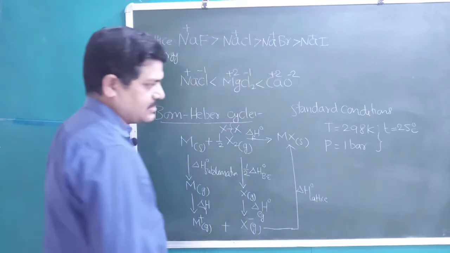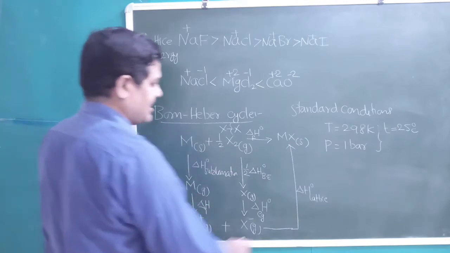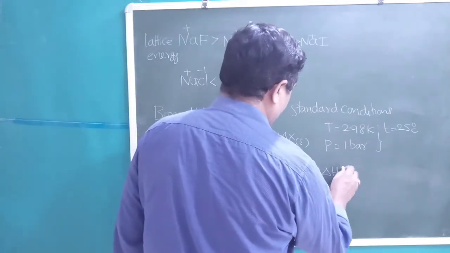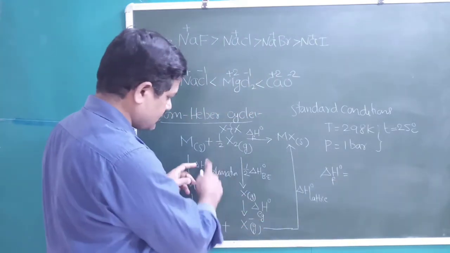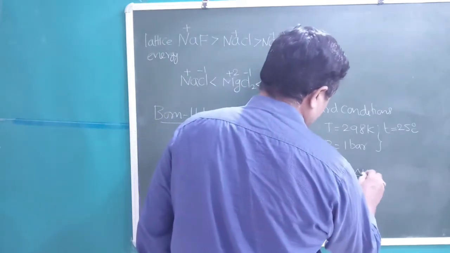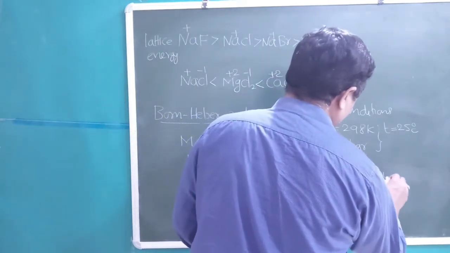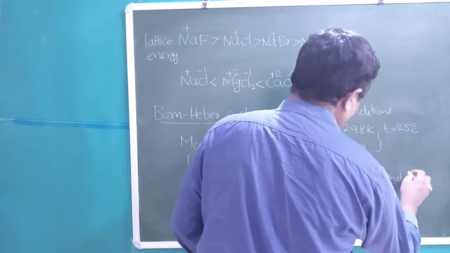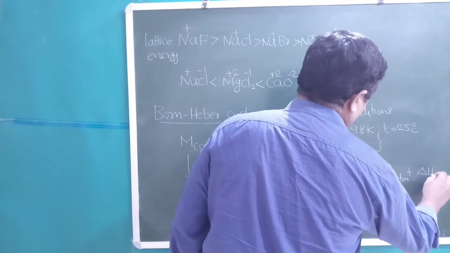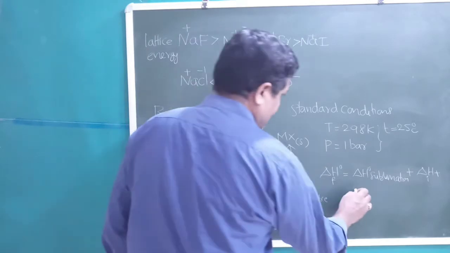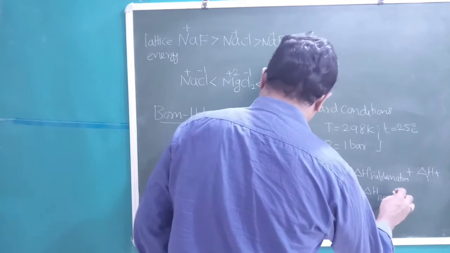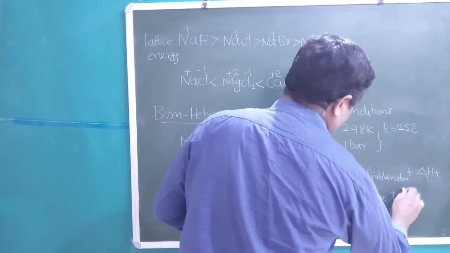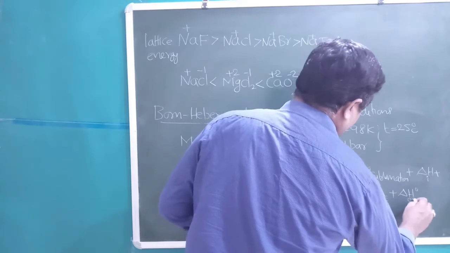So by using Hess's law, we can write delta H naught formation is equal to the sum of all these enthalpies. For the metal, delta H naught sublimation plus delta H ionization enthalpy plus half of the bond dissociation enthalpy, delta H BE, plus electron gain enthalpy, delta H naught Eg.